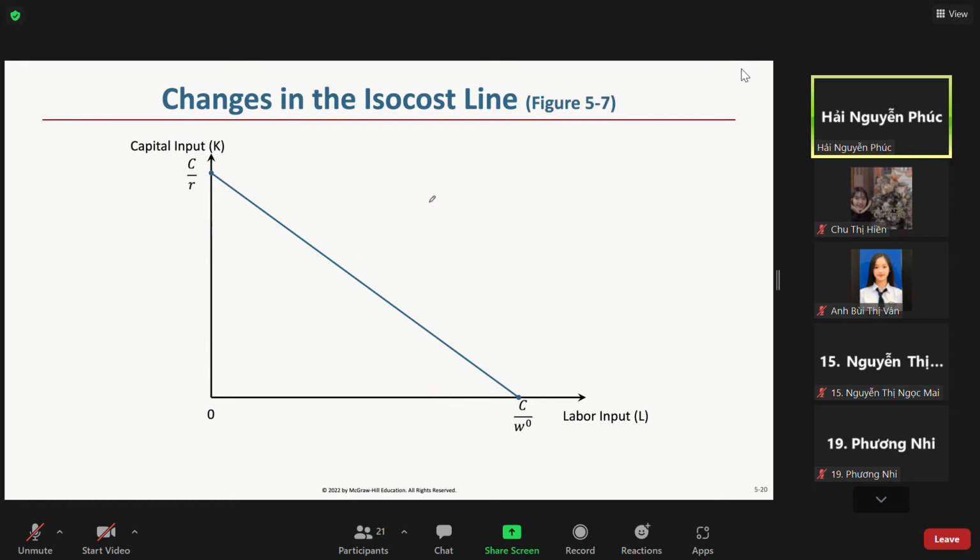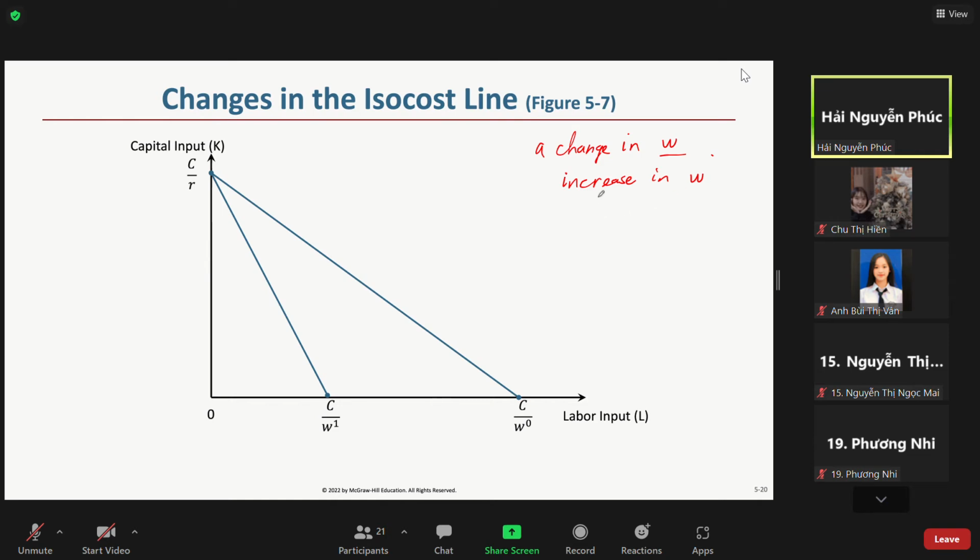Now let's move on to the next situation. Here we are going to have a change in W, in the wage rate. Suppose we have an increase in the wage rate.